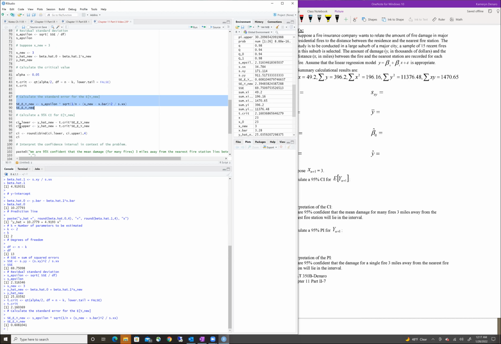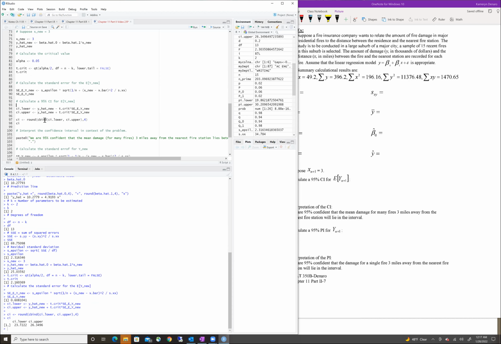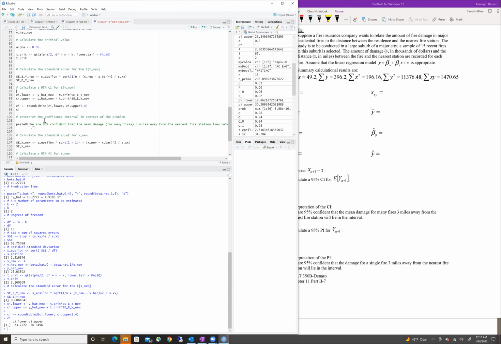Our confidence interval is our point estimate plus or minus our margin of error, and our margin of error is equal to the critical value times the standard error. So we get $23,722 up to $26,350.